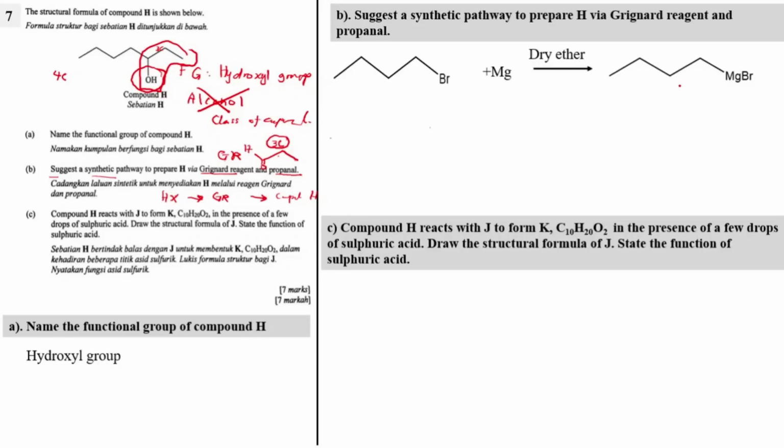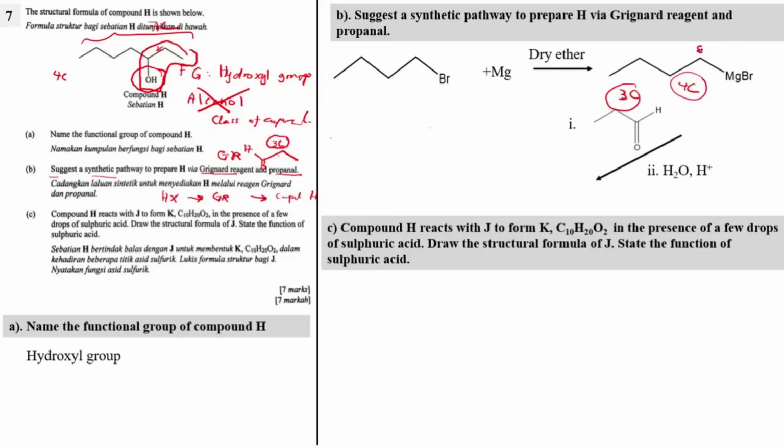We're going to react that with propanal, which has 1, 2, 3 carbons, and this will be followed by the hydrolysis, which is H2O, H plus, in order to make a 7 carbon chain, 1, 2, 3, 4, 5, 6, 7. So in total they have 7, a combination of 4 carbon and 3 carbon.